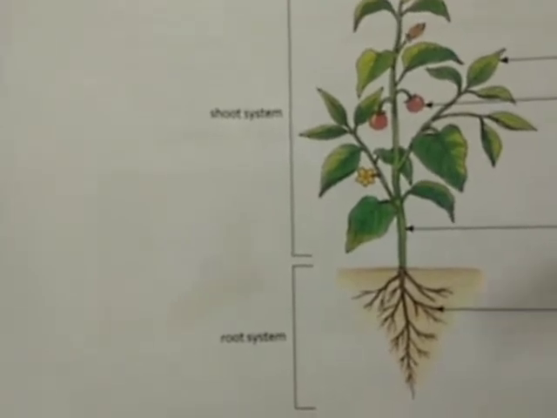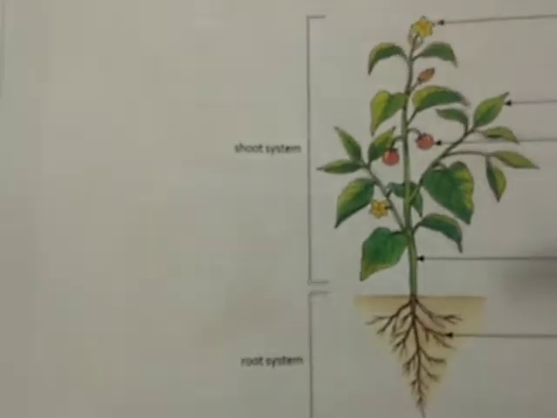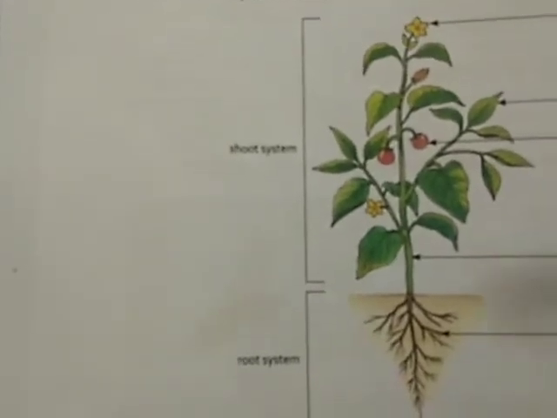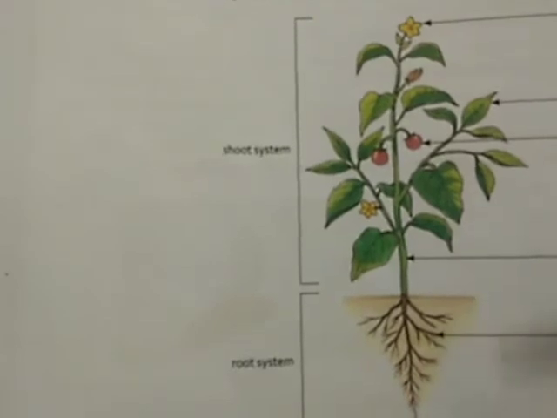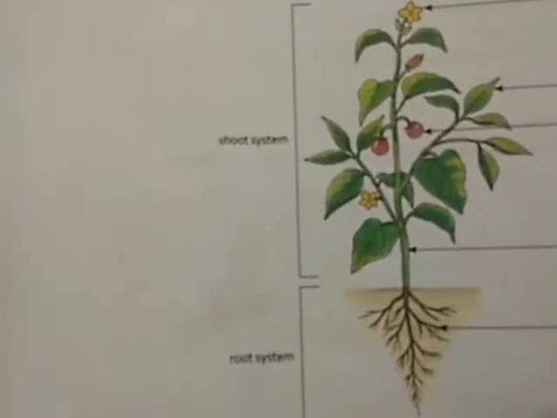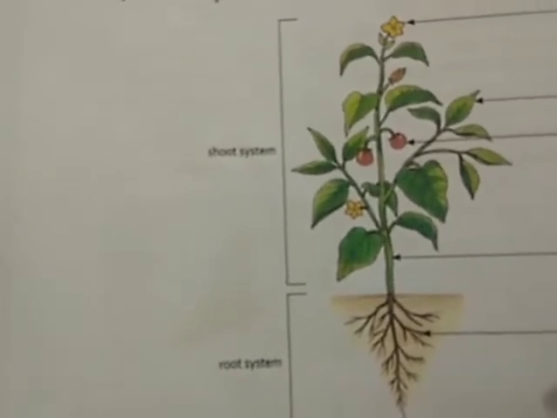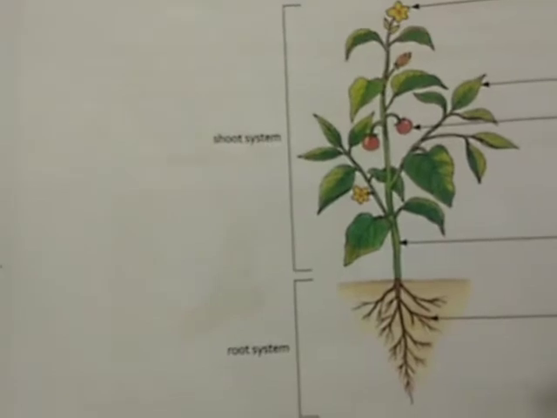The parts which are above the ground, which we can see, are known as shoot system. The part which is below the ground is known as root system. Roots we are not able to see because they are in the soil. There are two main parts of a plant.